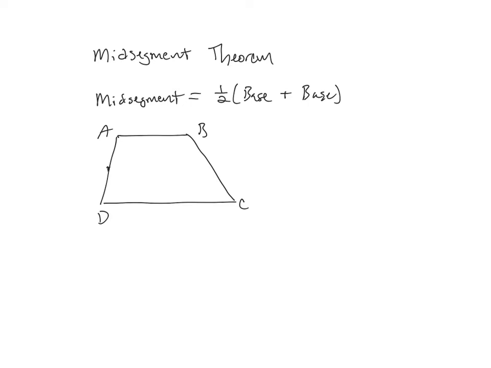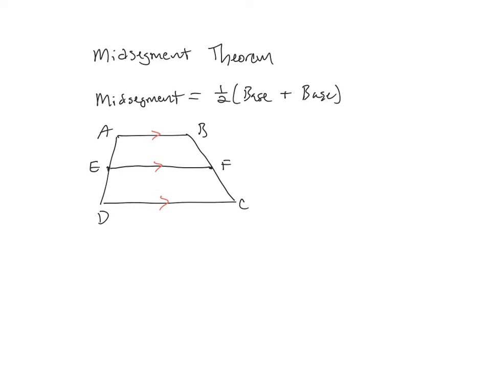And so the midsegment would go right through the middle. And so it would have to tell you that all three are parallel. Okay, so if they're not all parallel, then this doesn't work.